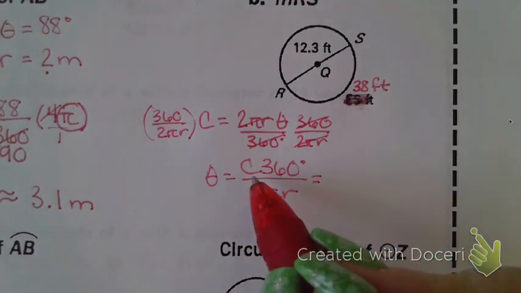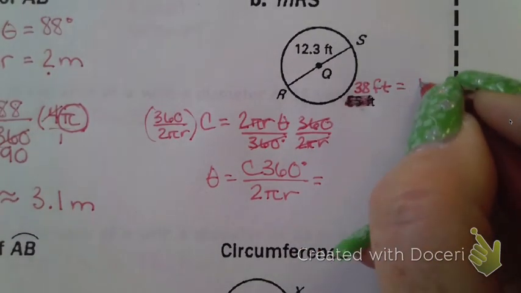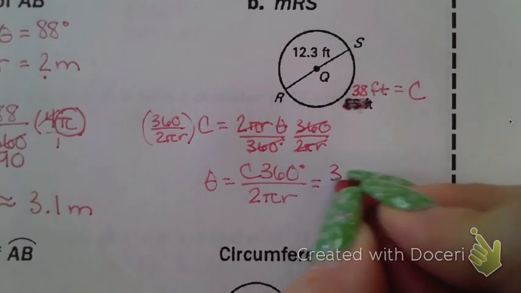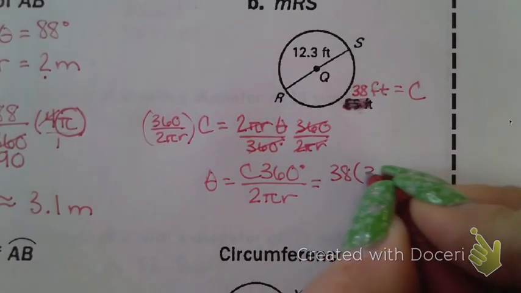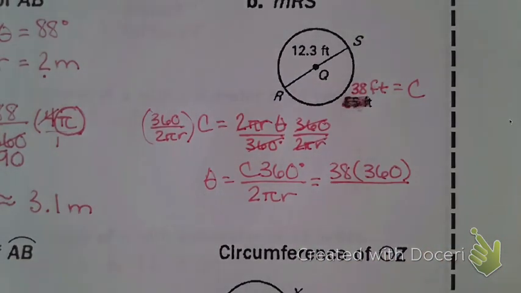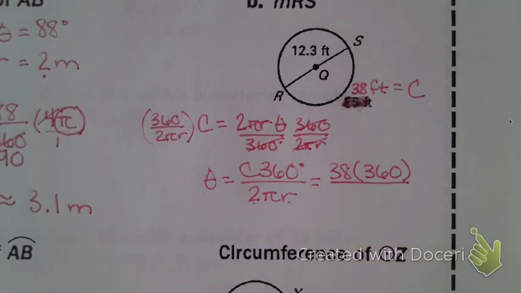Well, what's the circumference? 38. So put a C there. Okay, so that gives me 38 times 360, right? Over, guys, what is 2r? The diameter.